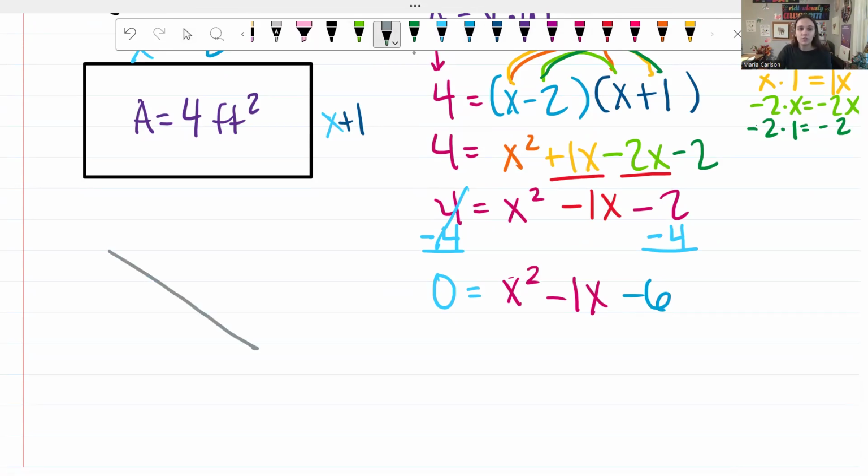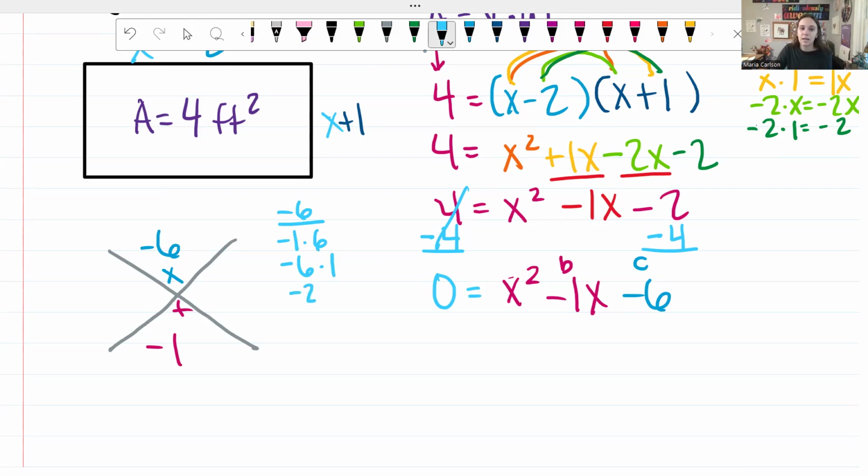This is a trinomial where a is 1, so I'm going to try to find my x factors, meaning I want numbers that multiply to negative 6, but add to negative 1, right? Because our c value is negative 6 and our b value is negative 1. So thinking about numbers that multiply to negative 6, it's negative 1 times 6, or maybe negative 6 times 1.